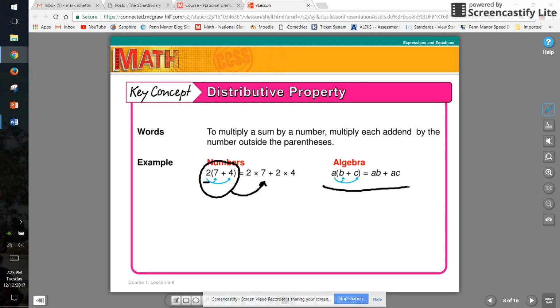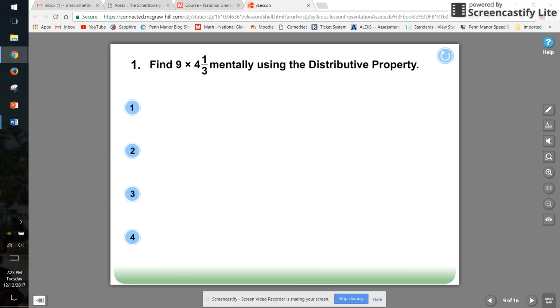Let's get some real life examples, shall we? I'm going to use distributive property to make this problem a whole lot easier on myself. But first of all, let's take a look at 2 pieces of this second number. I can break this number into 2 pieces. 4 1/3 breaks easily into 4 plus 1/3.